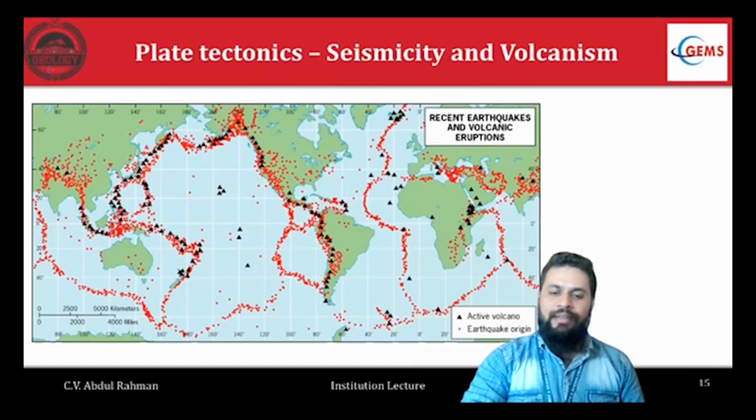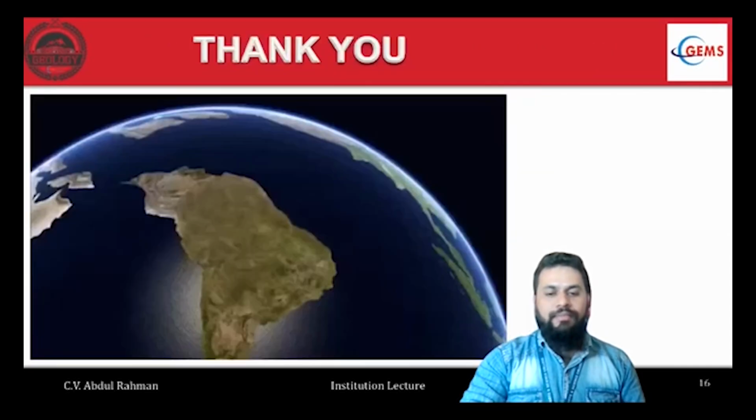Here is the mid-Atlantic ridge, which is formed by the separation of Africa and South America. So here is a divergent plate boundary. Earthquakes are also reported here, but they are not dangerous, because they are in the middle of the ocean. Okay, so these are the different properties associated with plate tectonics. Thank you.